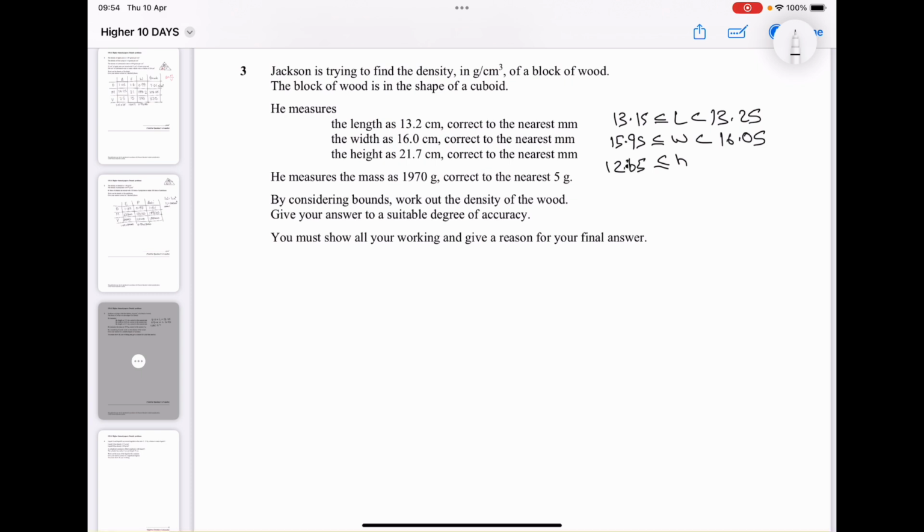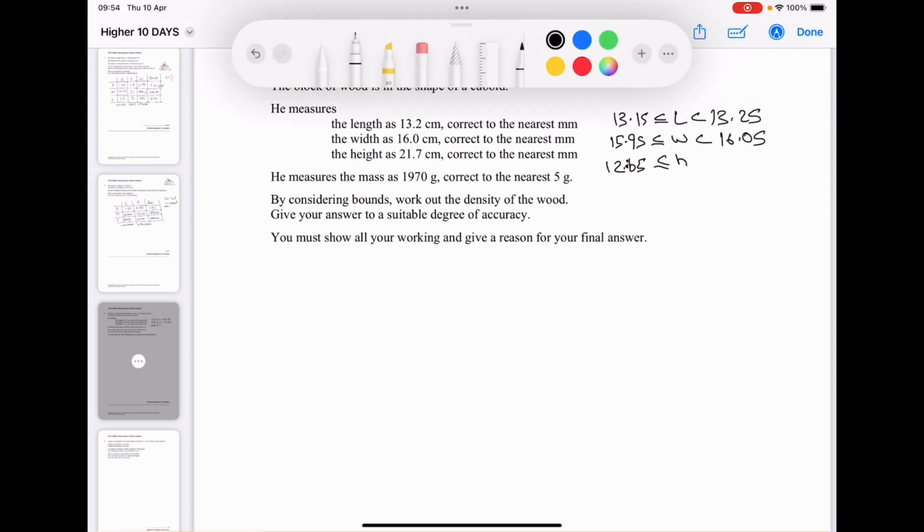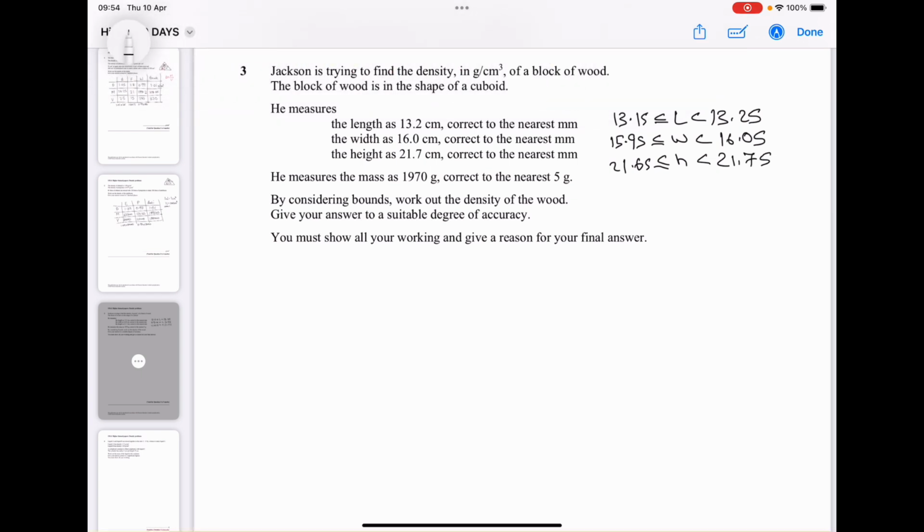21.65 and 21.75. So just always make sure you get your bounds right, and then you get a mark just for getting one of those right. Then we've got the mass.